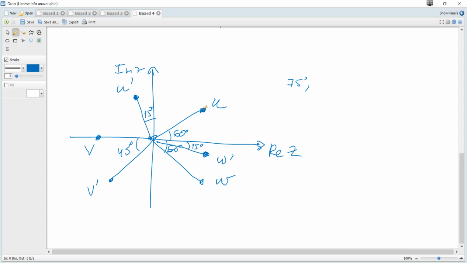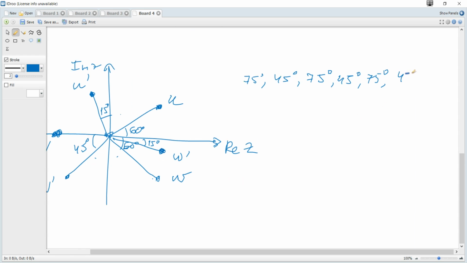Then you can see that between u primed there are 30 plus 15, 45. Then between these it's 75, then 45, then 75 also, and 45 between w and w primed.